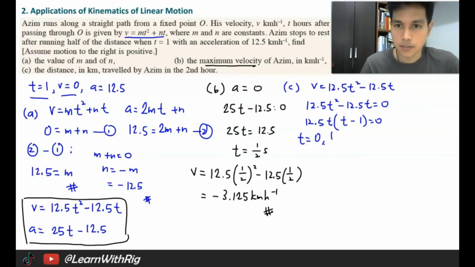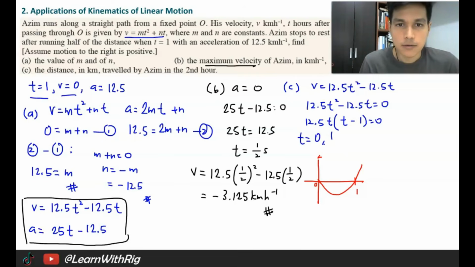So let me sketch here. It's going to be a U shape, but there's no negative part, so it's only here. Here is 1, here is 0, the origin. I think we can just use this for now.